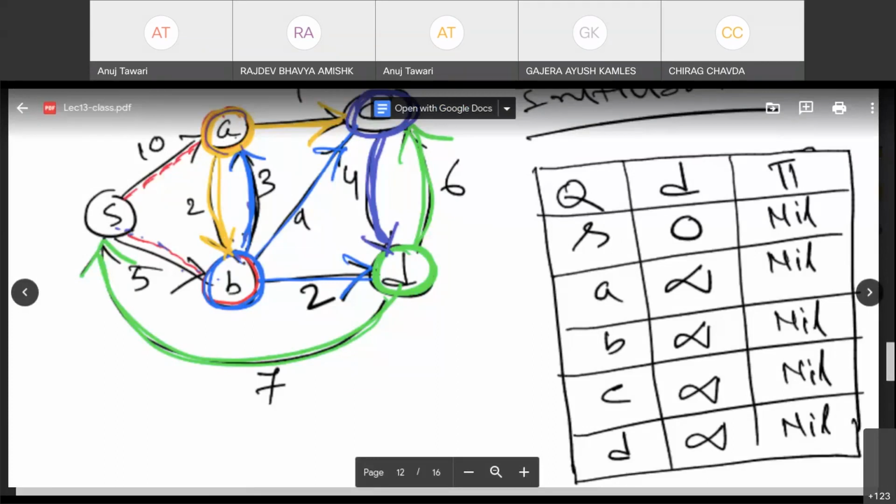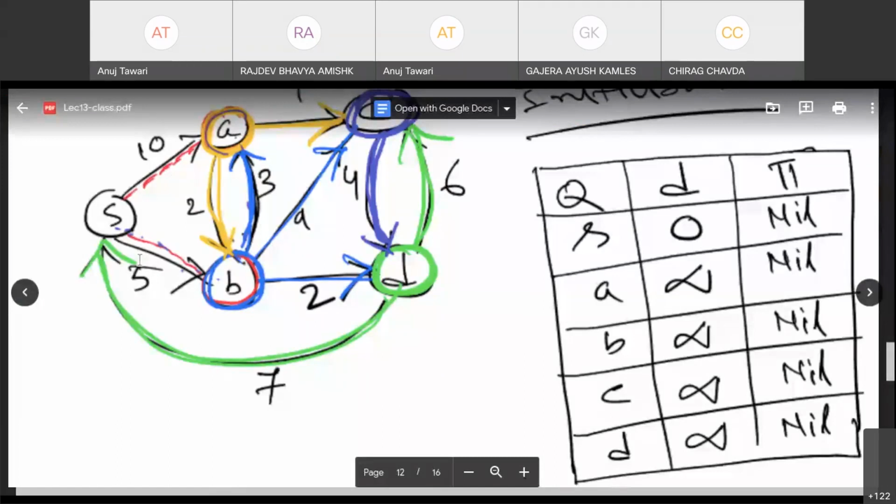So we have to do something else, which is that we set S distance to be 0 and everyone else to be infinity. Now you have multiple choices. You just can't go by the weight of a particular edge, saying that I'll pick the minimum weightage.